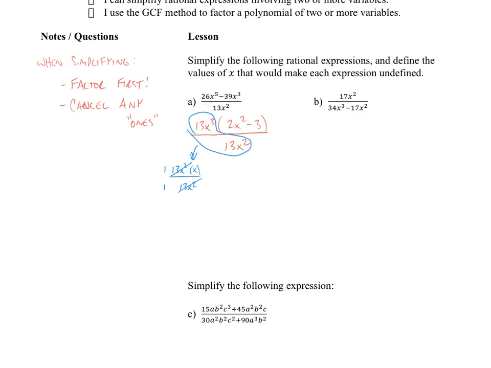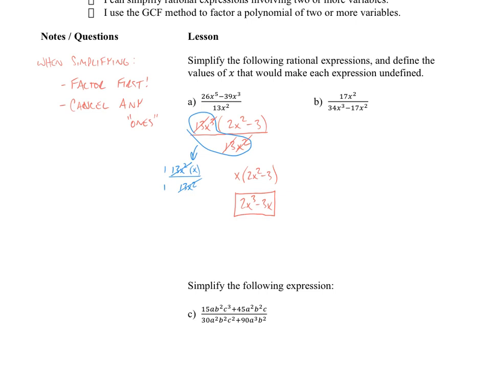So when I cancel, I'm replacing with 1s, and that's just going to leave me with that x behind. So what I'm going to end up with when I cancel that above, cancel my 13s, cancel x squared, it's going to leave me with x to the first. My final answer then is just going to be x times 2x squared minus 3, or 2x to the third minus 3x. So notice all I really did here was just factor and cancel out ones.